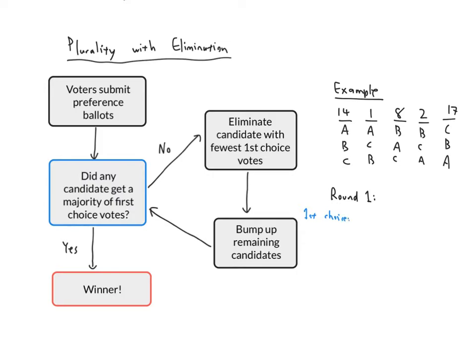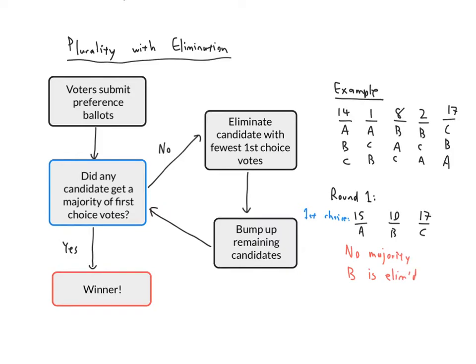As we can see, 15 voters had A as their first choice. Here I'm looking at the first two columns. From the second two columns, 10 had B as their first choice, and from the last column, 17 had C as their first choice. Okay, so same votes as last time, no majority. And since B had the fewest first place votes, B gets eliminated.